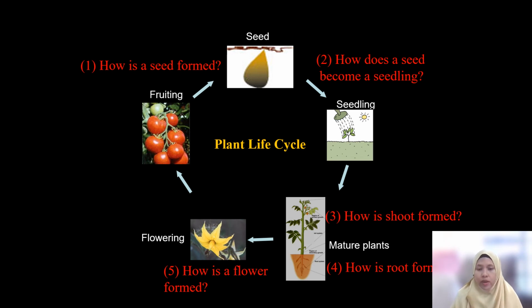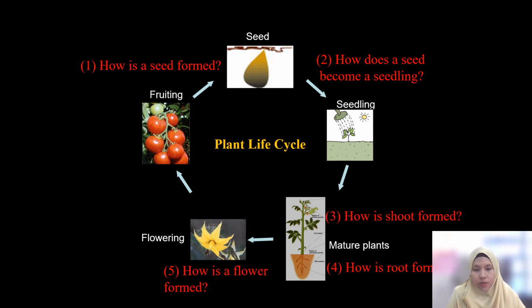Okay, so that is where the meristematic cells tu are actively dividing, and then there are the elongation zone, that is where the cells are elongating, dia panjangkan lagi root tu, and last one is the maturation zone. Okay, and lastly is how the flower is formed.